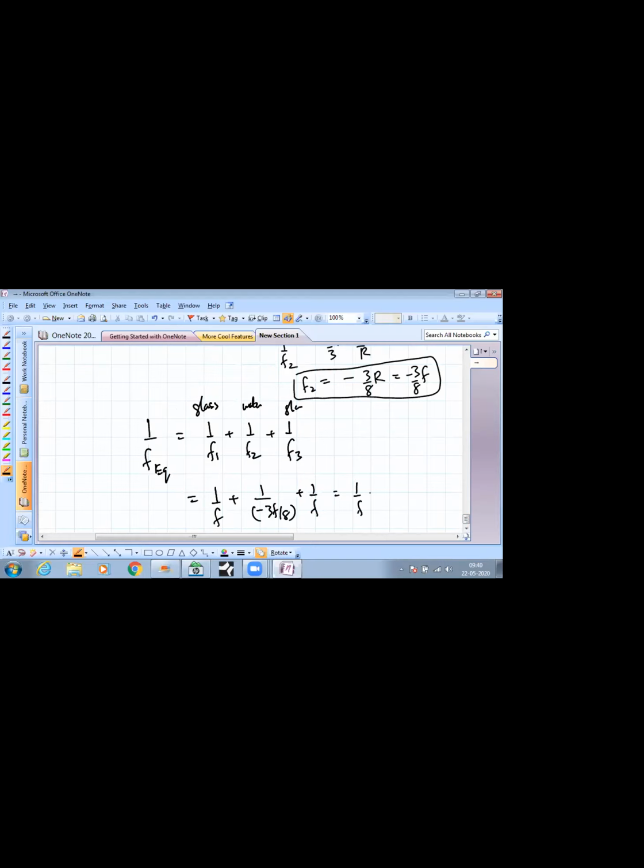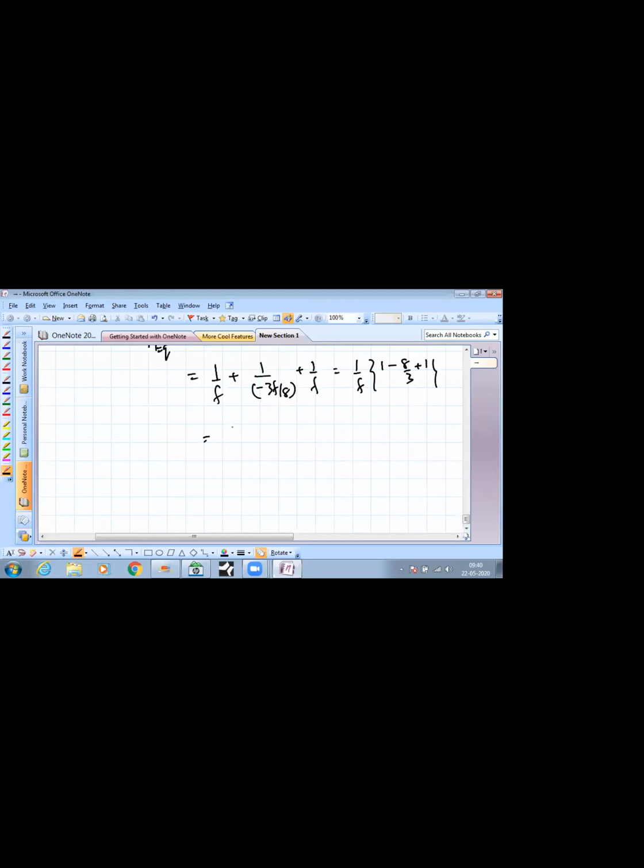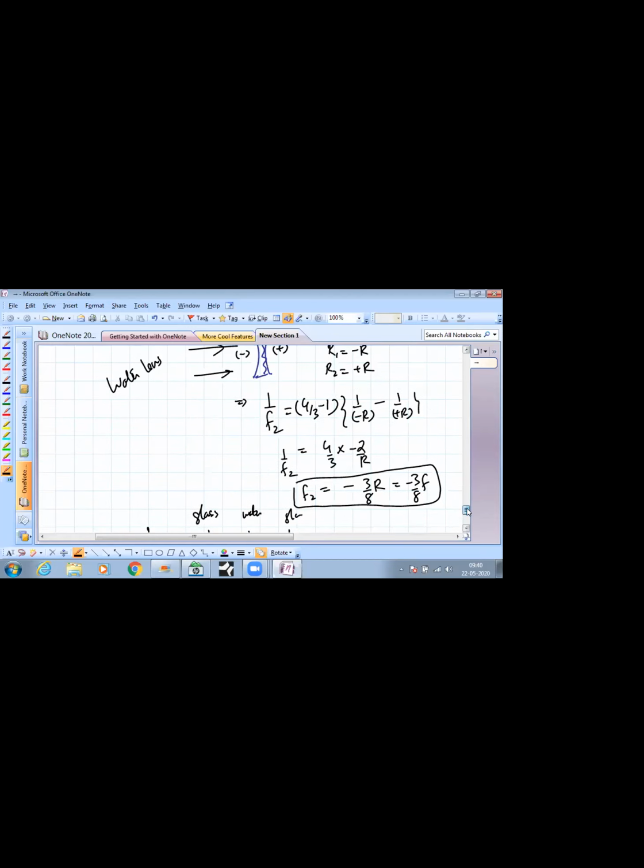You take 1 by f common, you have 1 minus 8 by 3 plus 1. Oh, sorry, there's a mistake here. That's what I thought. The glass should give you much less power. How can it give you 8 by 3?